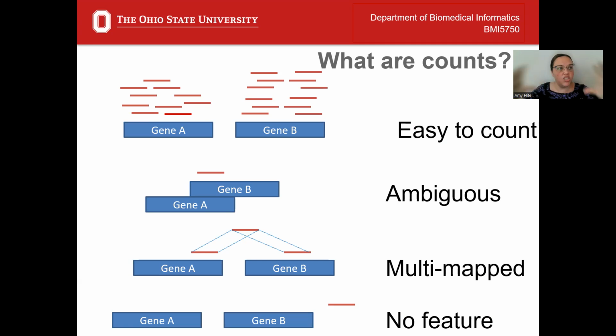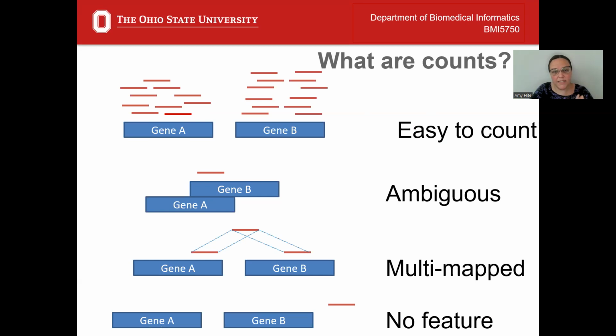So the gene structure is complicated, and we could have a read that mapped to maybe where two genes are overlapping. And in this case, it's ambiguous to the computer and to us whether this read right here belongs to gene A or gene B. So we can't count it for either one.